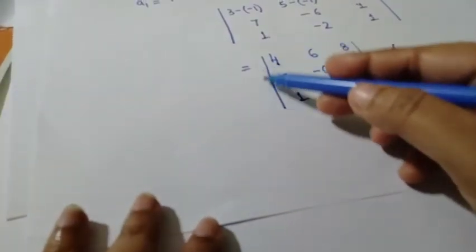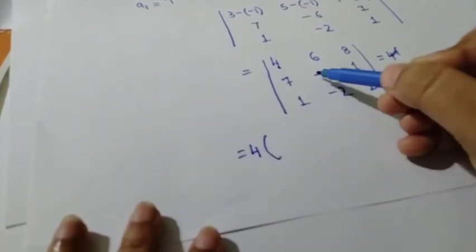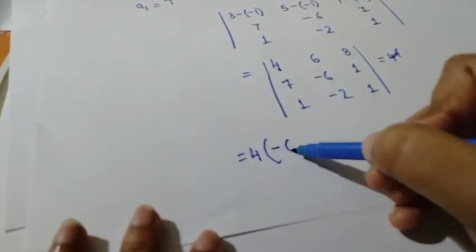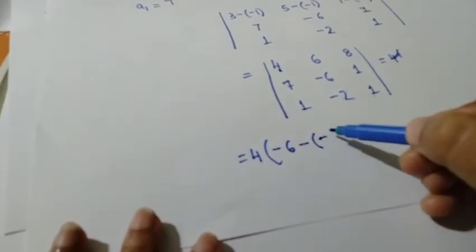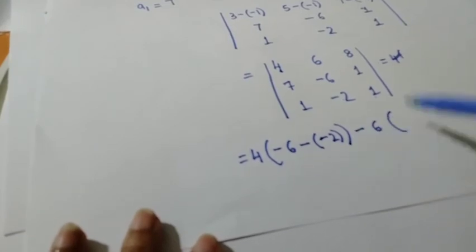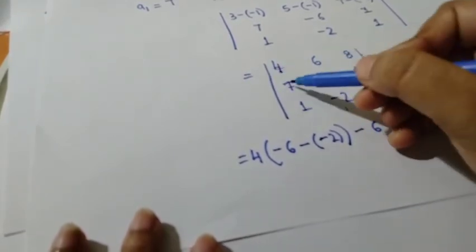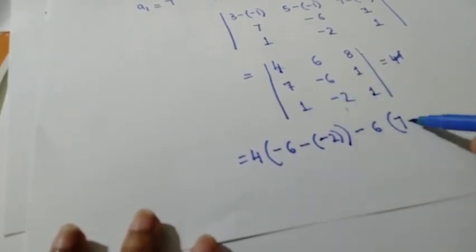You know how to solve the determinant. 4 as it is, this one minus 6 minus of 2 ones are 2, minus 2. Minus 6 into bracket, this row and this column you will write 7 into 1 is 7 minus 1.